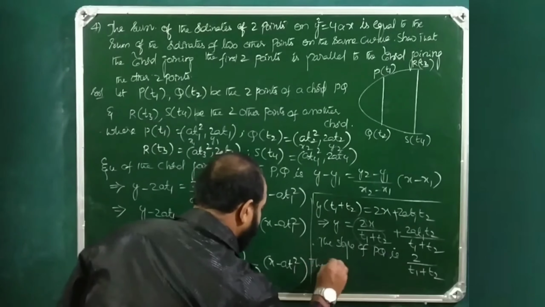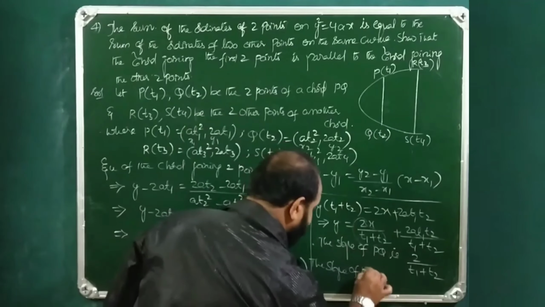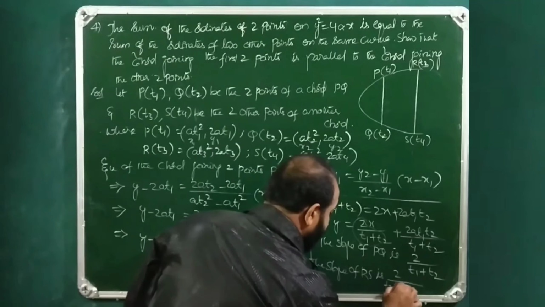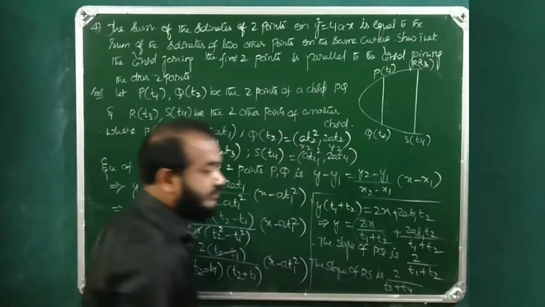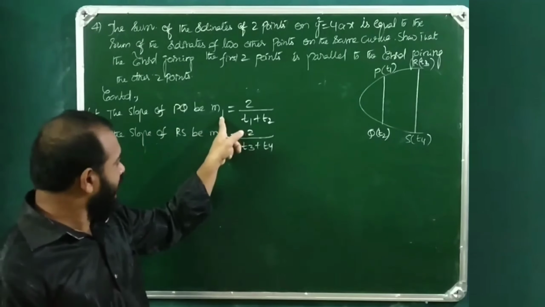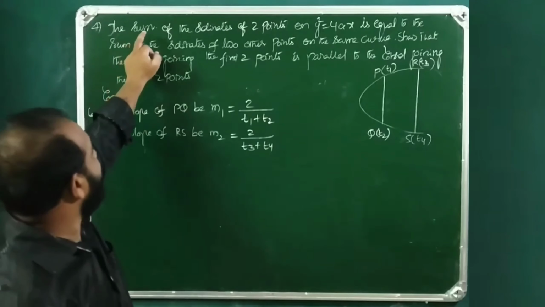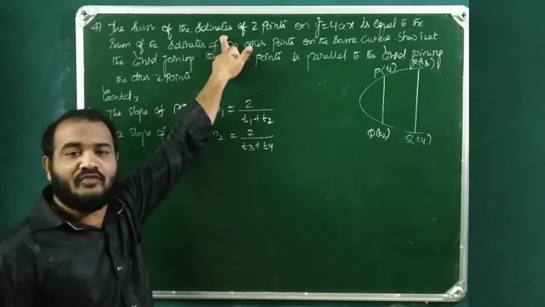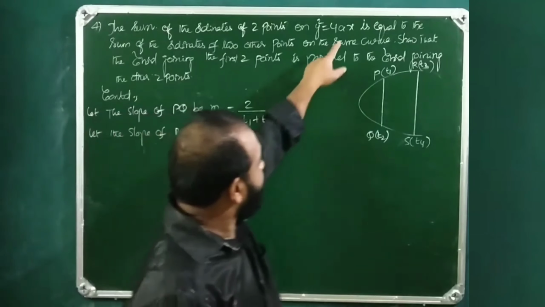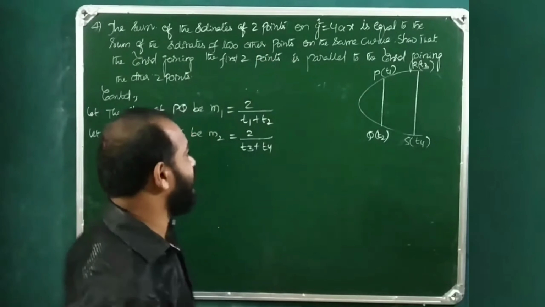Similarly, the slope of RS is equals to 2 by t3 plus t4, we will get. Let us take the slope of PQ be m1 and slope of RS be m2. And what is the condition given? The sum of the ordinates, meaning y coordinates, on y square equals to 4x is equals to the sum of the ordinates of other 2 points.